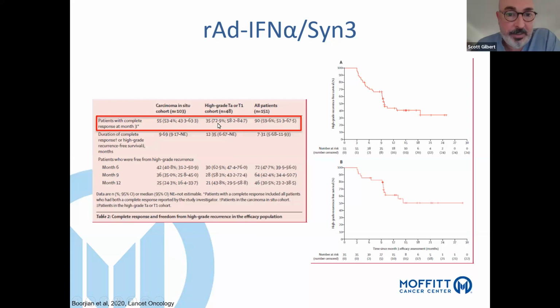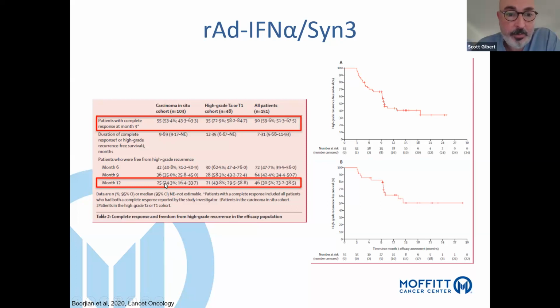It was almost 73%. And then if you look at the 12-month data, patients who were free of any high-grade recurrence. Again, remember, high-grade is what we care about. We don't put a lot of emphasis on low-grade tumors coming back during this time interval. If a patient had CIS at 12 months, their recurrence rates were much higher than if they didn't.